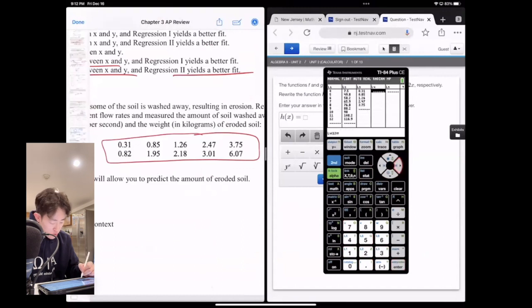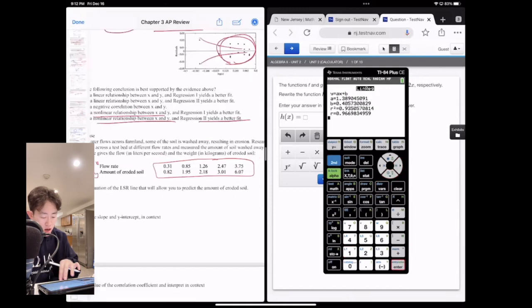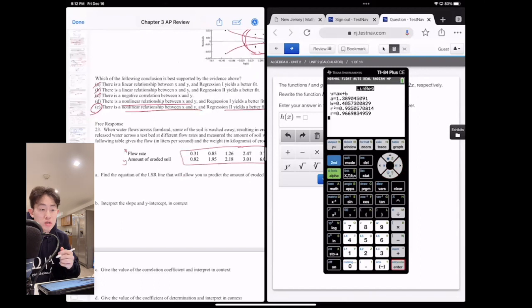And then list 4 will be 0.82, 1.95, 2.18, 3.01, and 6.07. So I'm going to go to Stat, Calc, and then linear regression with list 3 and list 4. I'm going to store my regression equation into Vars, Y-Vars, Function 1, press calculate, and there is all the information that I need.